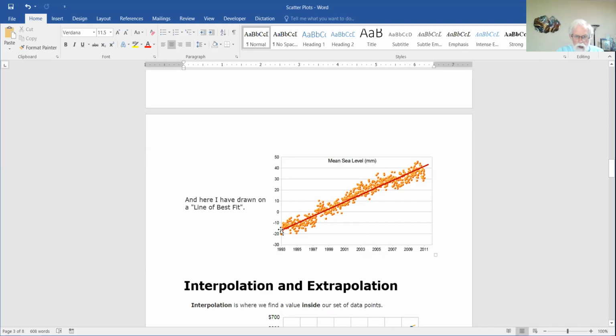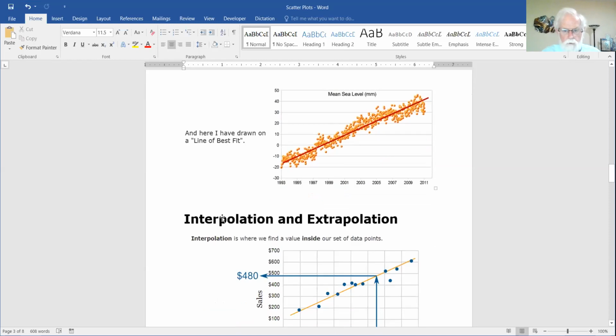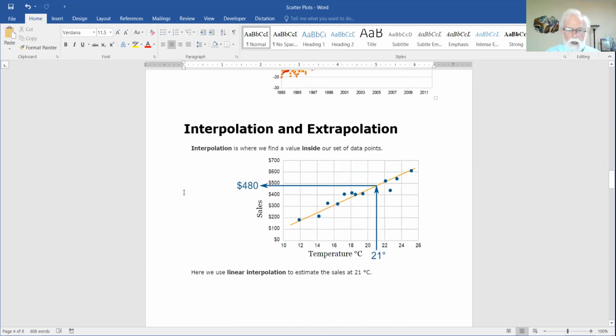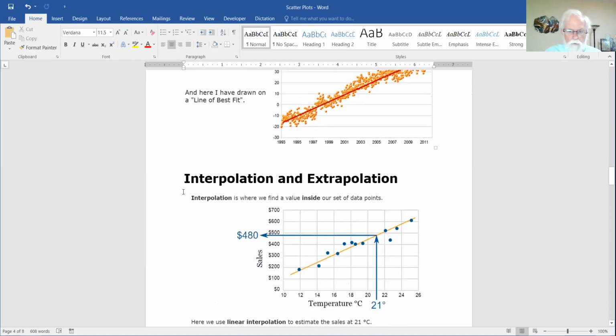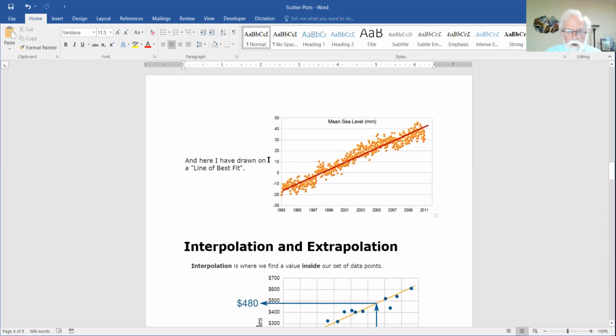We've gone back and looked at data on both sides, so this line here tells us what that is. We can use this for predictions.